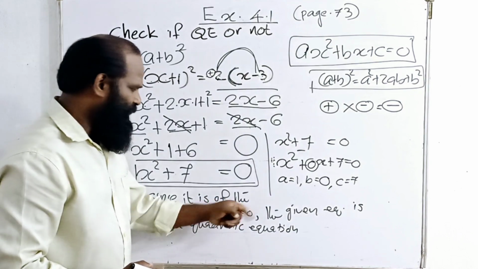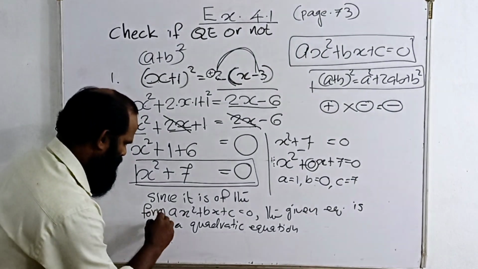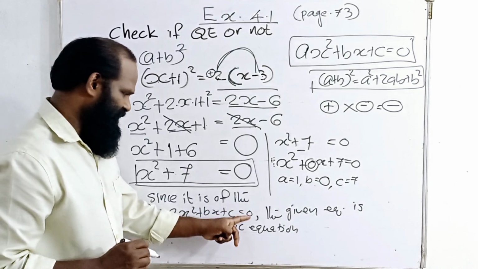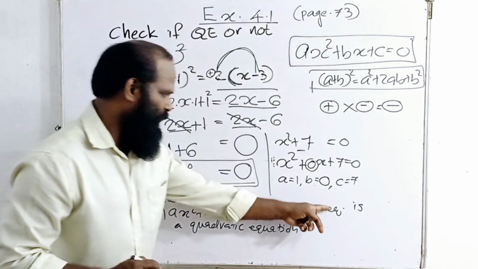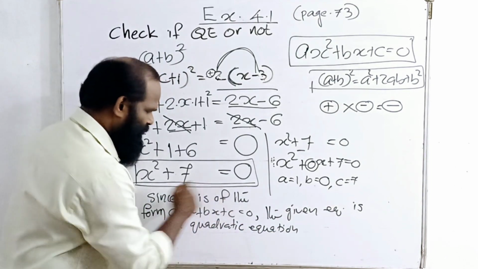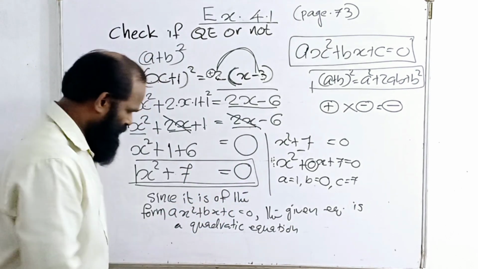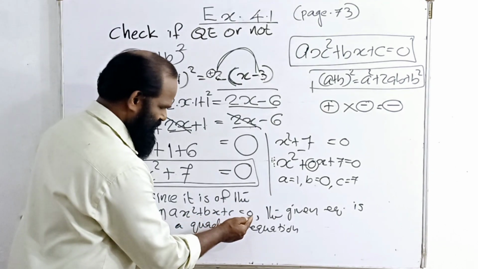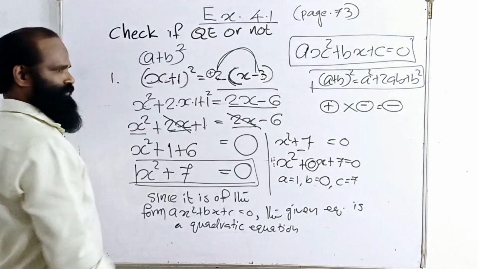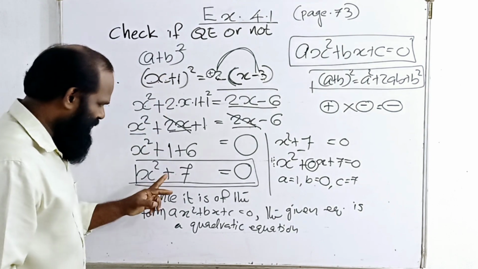The final result we have got is of the form, what form? Ax square plus bx plus c is equal to 0. The given expression, that is a quadratic equation. So this is solved and this is the result.